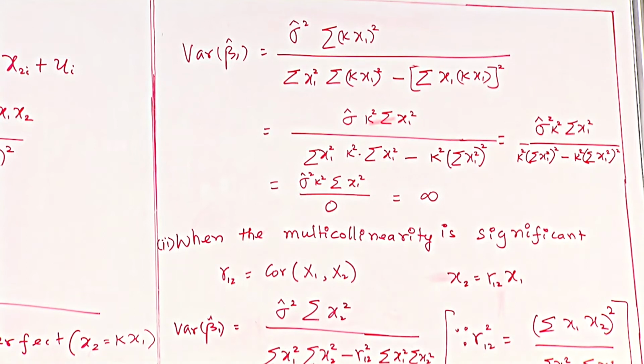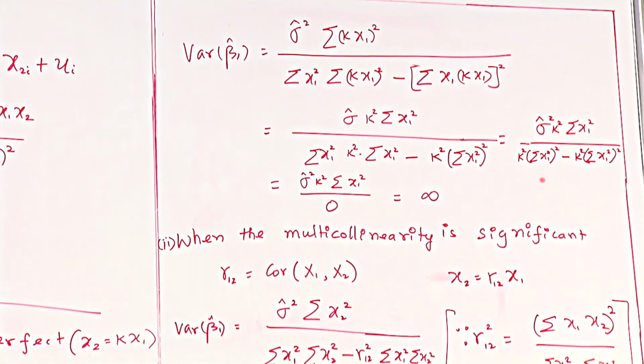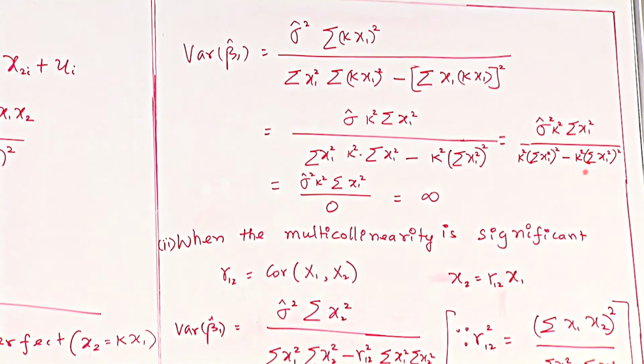Substituting this value for k x1 and rearranging the terms, we get sigma hat square times k square sigma x1 square divided by (k square sigma x1 square) the whole square minus (k square sigma x1 square) the whole square.